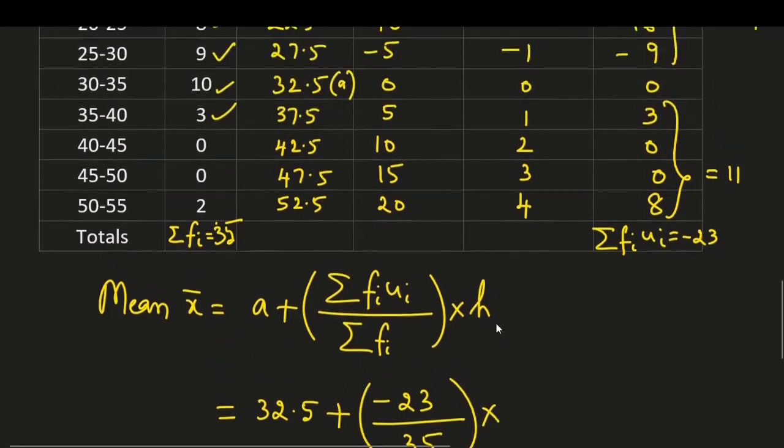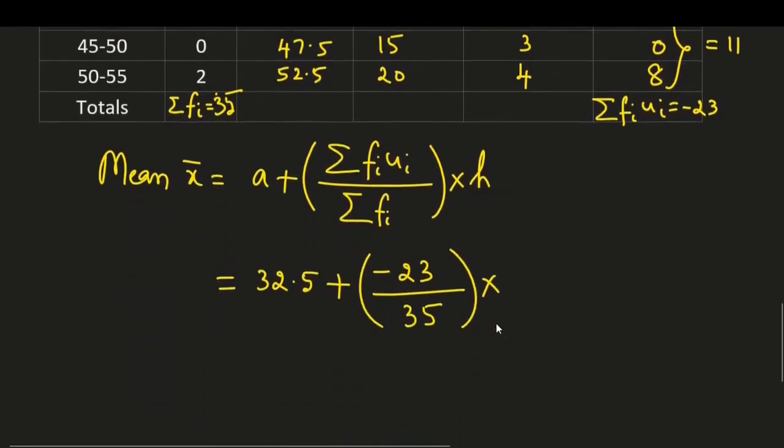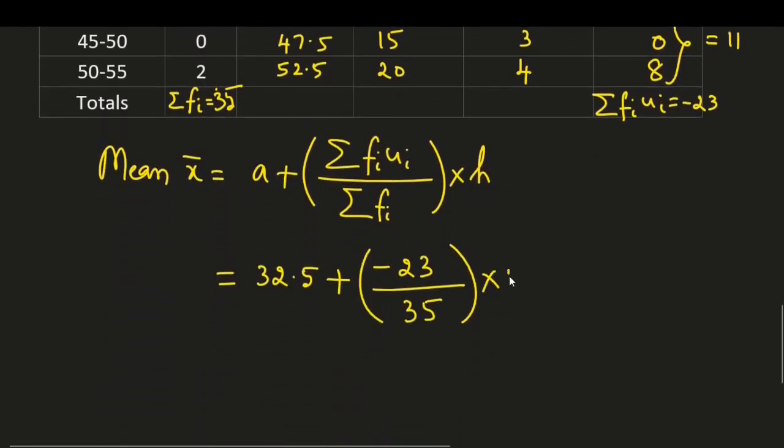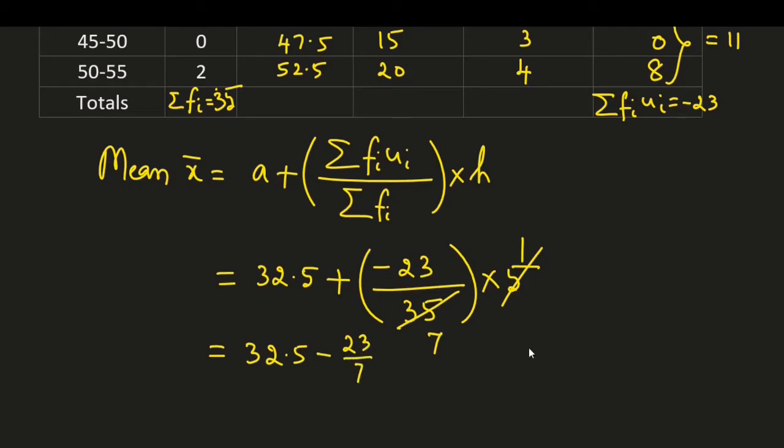We have chosen h is equal to 5, so into 5. Here we can cancel 5 and 35 by dividing by 5, we get 7 here, 1 here. So 32.5 minus 23 by 7.